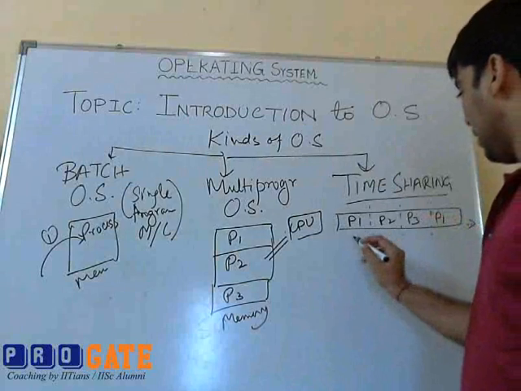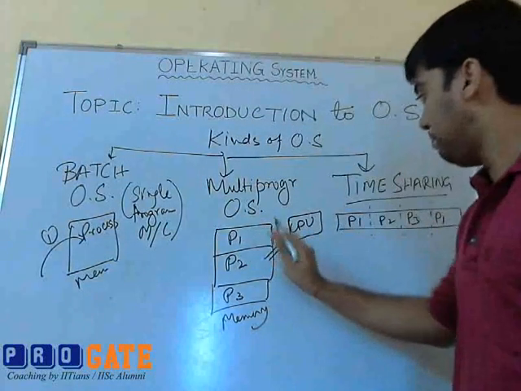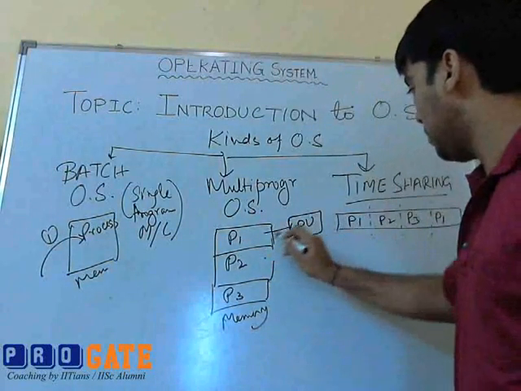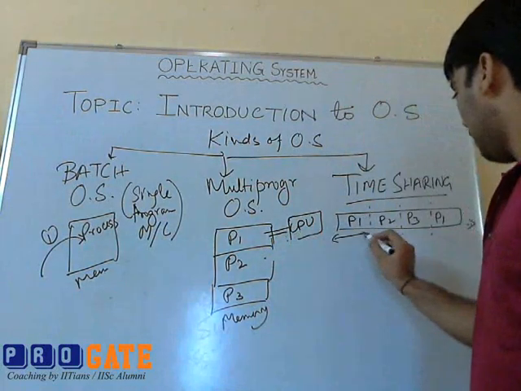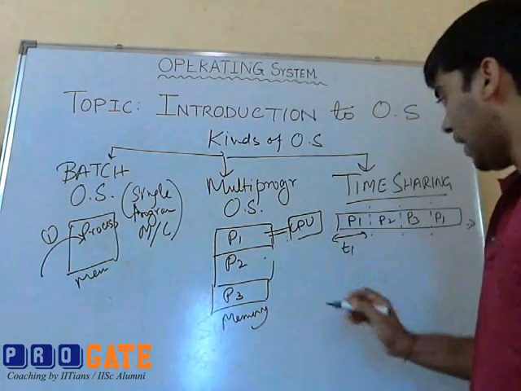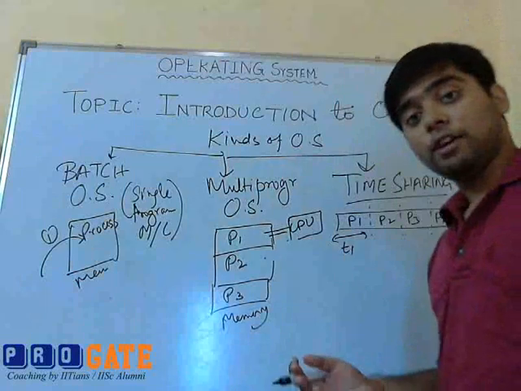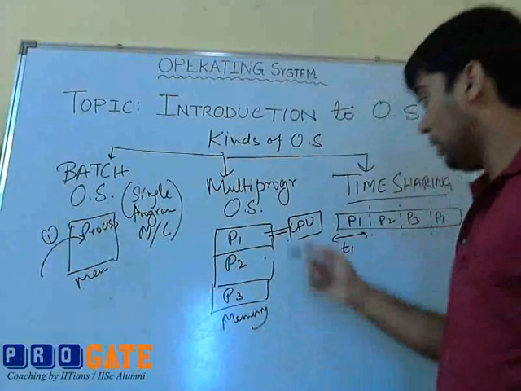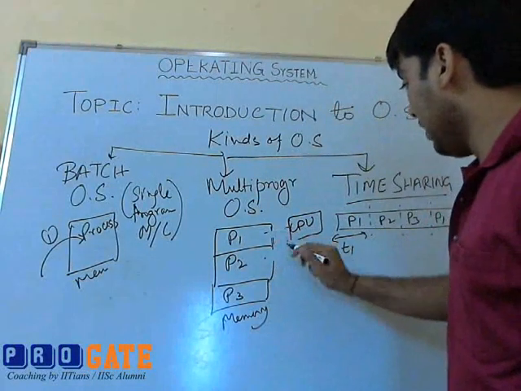Say initially P1 is being executed by the CPU. After a fixed amount of time T1, even if P1 still requires the CPU, the CPU would be given to P2.